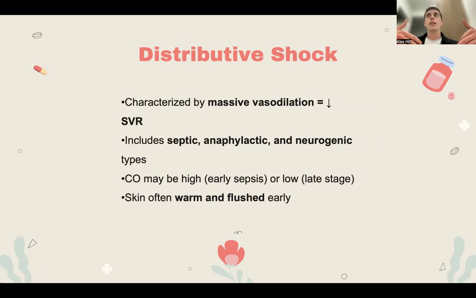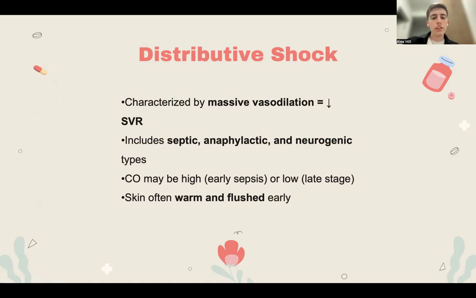It has gone to septic shock. Anaphylaxis is an overreaction, a systemic response. Neurogenic, when your sympathetic bundle is damaged for some reason, and so you're not able to maintain that tone in your blood vessels. So cardiac output is maybe high in early sepsis, or low in late stage.